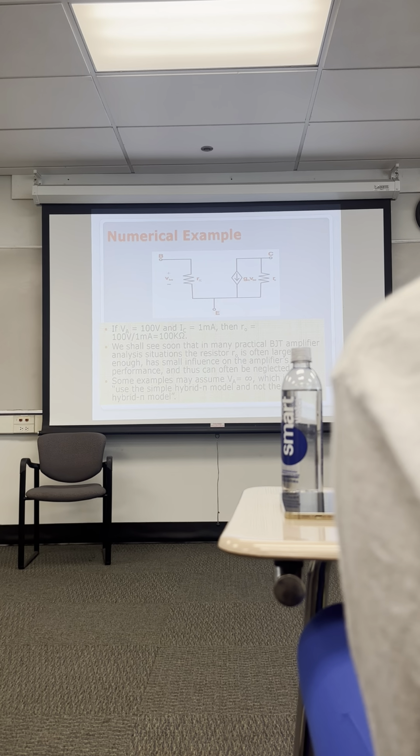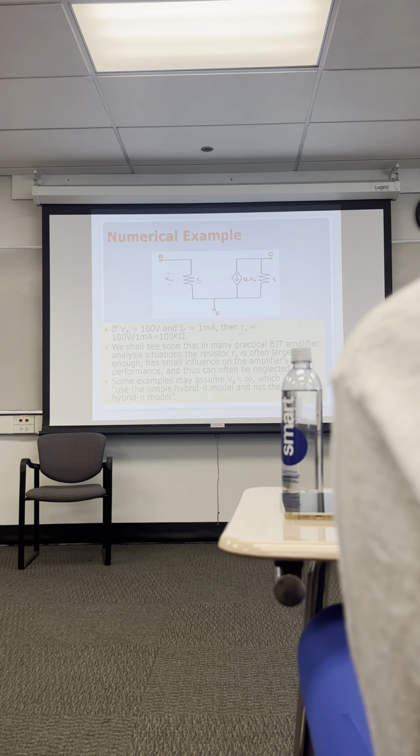So this example: define the hybrid pi model for a collector current of 1 milliamp. Early voltage is 100 volts, and then R sub O is 100 volts over a milliamp, which is 100 K. With this, we still need to calculate R sub pi and G sub m.